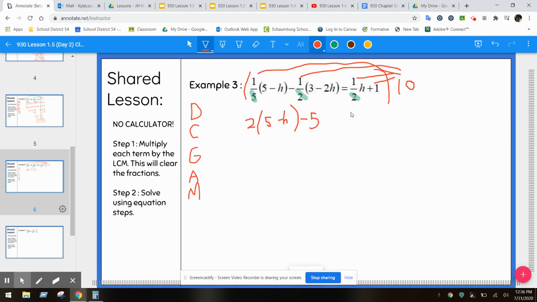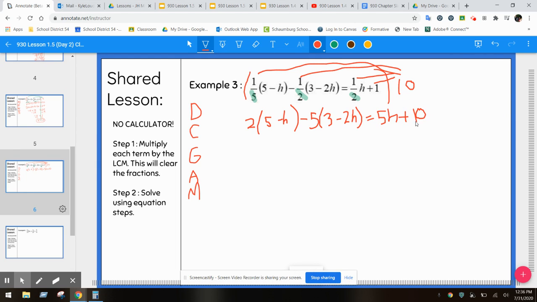You're wondering how I'm doing that. I'm just doing -1 times 10 divided by 2. -10 divided by 2, -5. What's inside the parentheses stays the same, 3 minus 2h. And then on the right side, 1/2 times 10 is 5. So 5h plus 10.